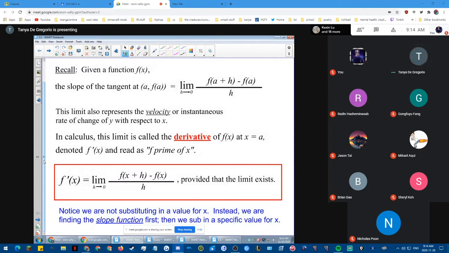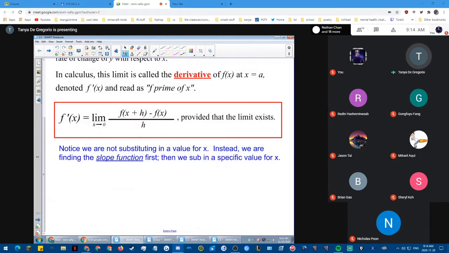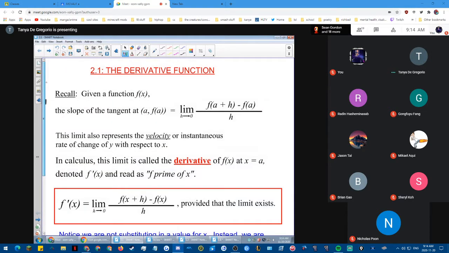It's just like a little line, a superscript, and we read it f prime of x. f prime of x equals the limit as h approaches 0 of f of x plus h minus f of x over h, provided that the limit exists. Well, doesn't this look very familiar? It's exactly that, but instead of showing a, they have x. The exact same thing. Instead of using f of a, they're using f of x. Makes no difference.